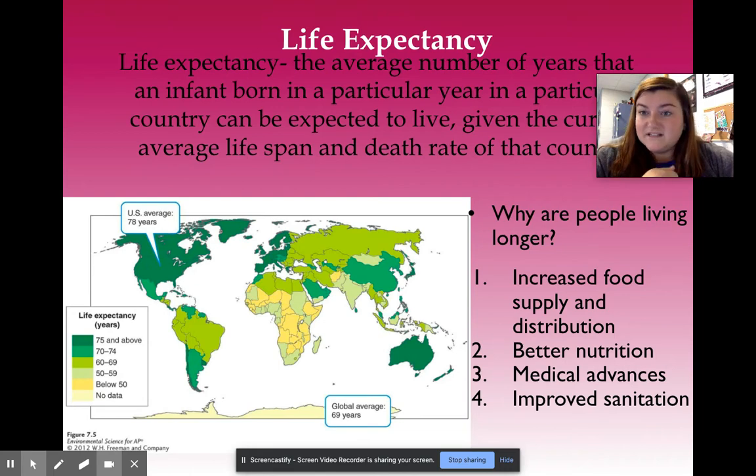Medical advances, obviously. Back in the day, if you had a peanut allergy, you were done. You weren't going to live very long. Nowadays, if you've got a peanut allergy, here's an EpiPen, and you're going to be fine. And improved sanitation.